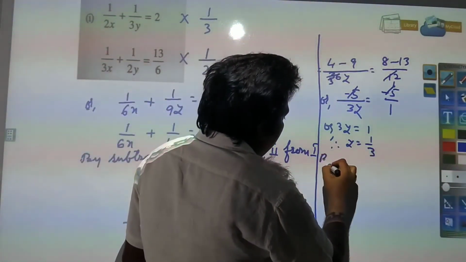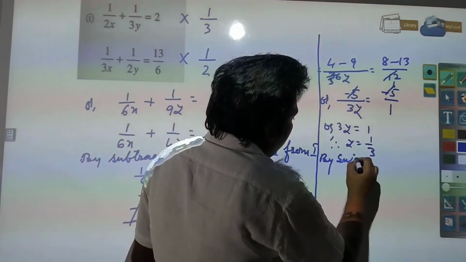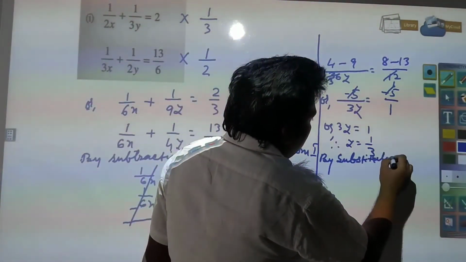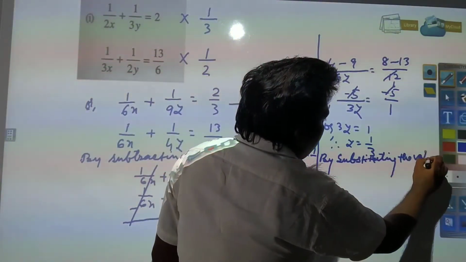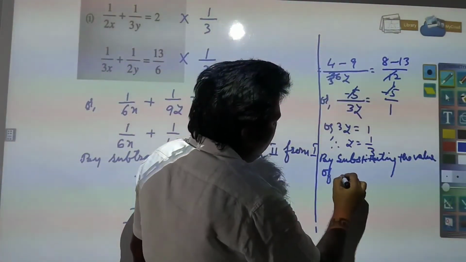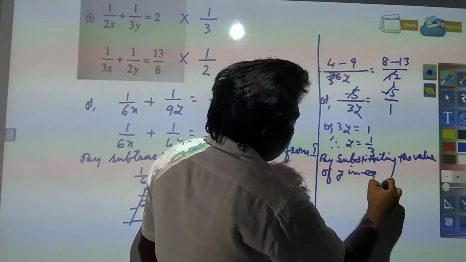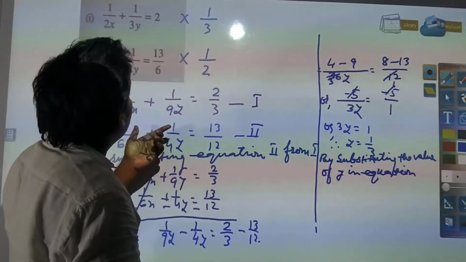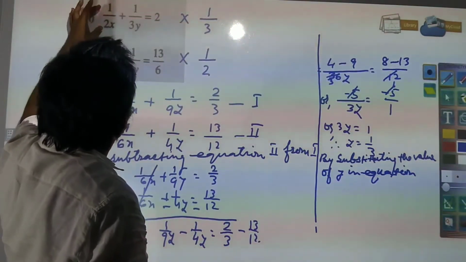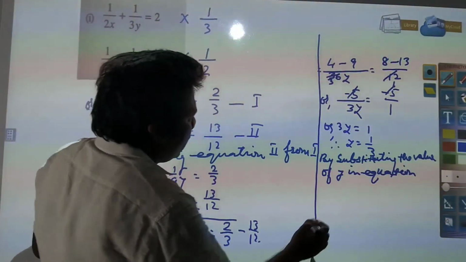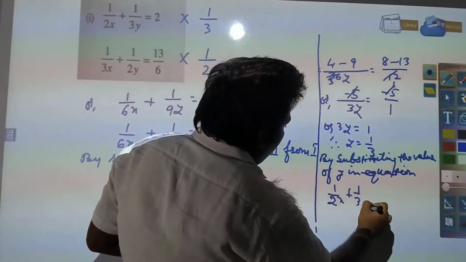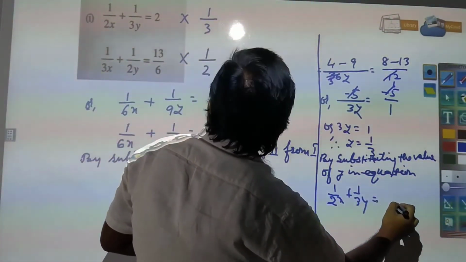Now by substituting the value of y in any equation you put. Suppose we take our equation 1 by 2x plus 1 by 3y is equal to 2.